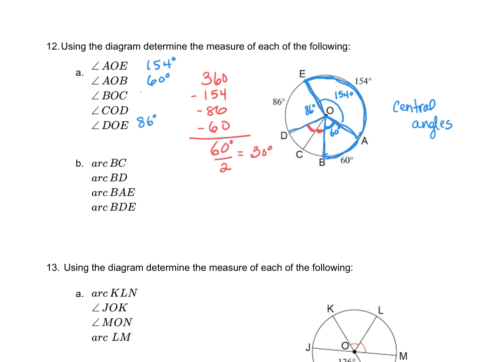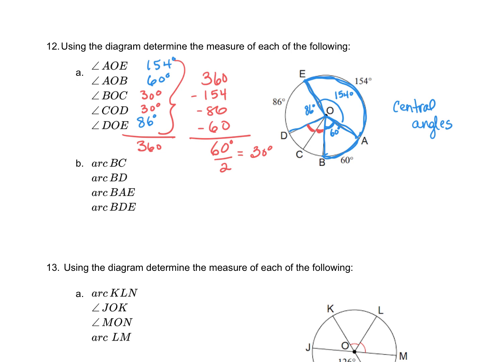So each angle would equal 30 degrees. And if you were to go back and check and add all of these up, they would total 360.